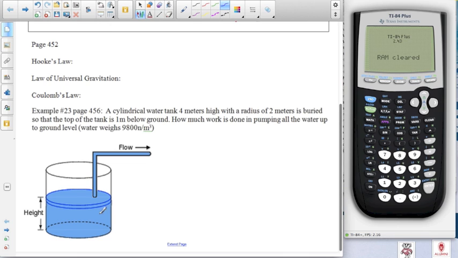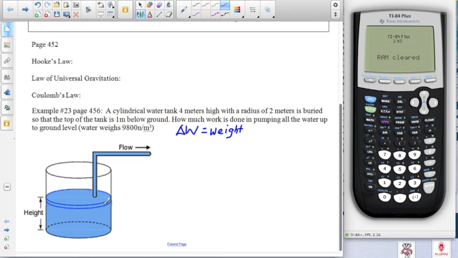The way we can approach this is to take a look at the incremental work done. The easiest way to do this is to come up with an incremental work, delta W. That delta W is going to be based on the weight of the object being moved. In this case, we're going to take a small sliver of water.